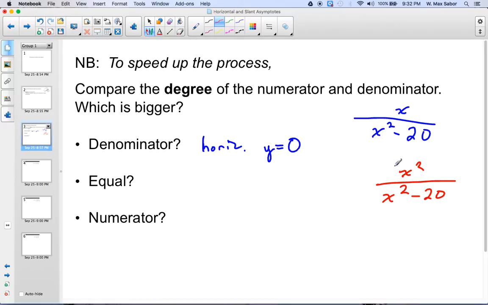So here we have 1 divided by 1, so it would be a horizontal asymptote of y equals 1 in this case. The short way of writing it is divide the coefficients. And that's only if the degrees are equal. They could be x to the third and x to the third, but they have to be the same degree.